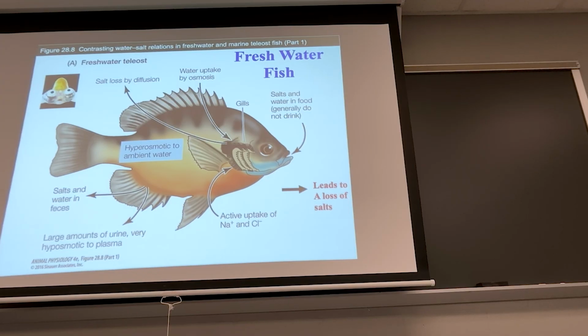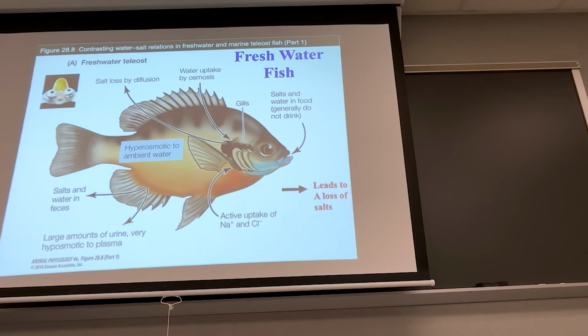Instead of around 300 milliosmoles, a lot of them are sitting closer to 250. All right, so they just have slightly less hyperosmotic interstitial fluids just to help deal with living in fresh water, right? It makes the osmotic pull on water a little less. But still, fresh water is typically around 50 milliosmoles. So 250 is much bigger than 50, right?